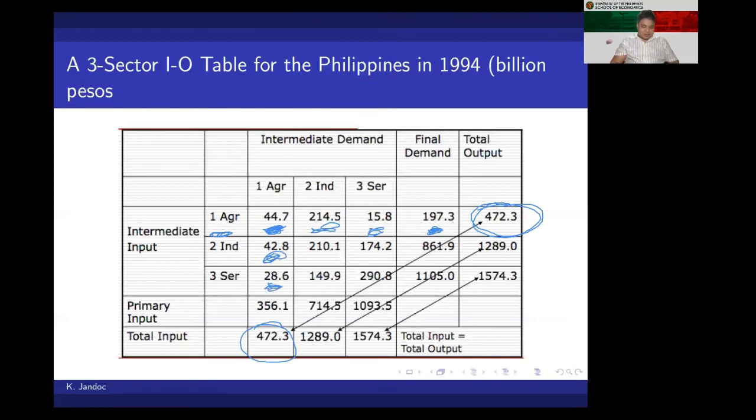And the primary inputs, the total labor, capital, and imported inputs for agriculture is 356.1 billion, so for a total of 472.3. Okay, so there's a correspondence between the inputs and the output, the total input and the total output.